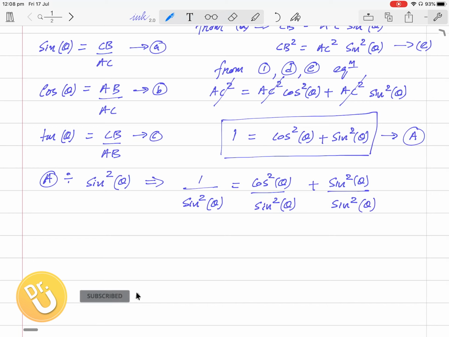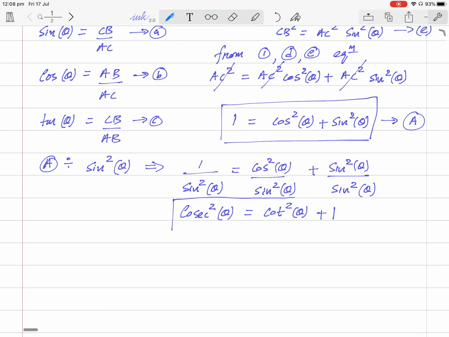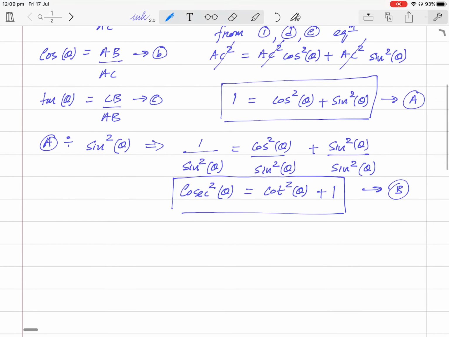Then 1 divided by sin squared theta is cosec squared theta, and cos divided by sin is cot, so that would be cot squared theta, and sin squared divided by sin squared is equal to 1. So this is my other equation, capital B.